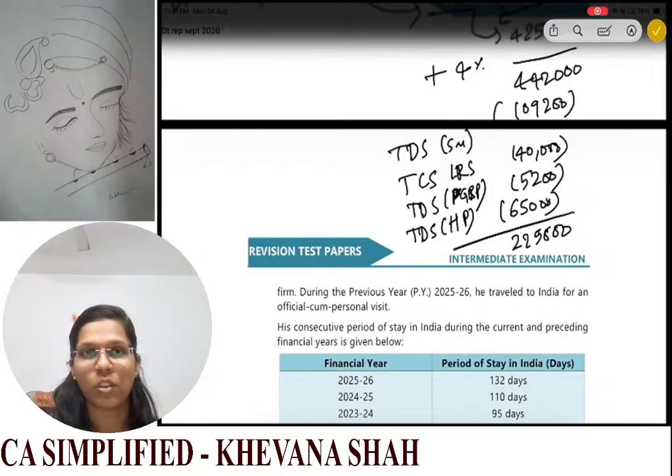Okay, house property loss, okay, that we don't need to consider. LRS, TCS, that we need to check. So TDS on 52,000 payment I've considered 5,200. Then on 65,000, okay. And we have 222,600.